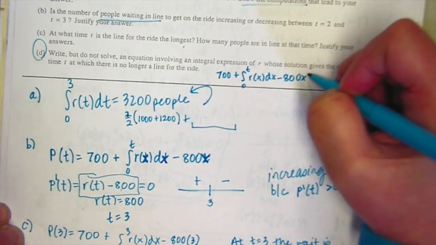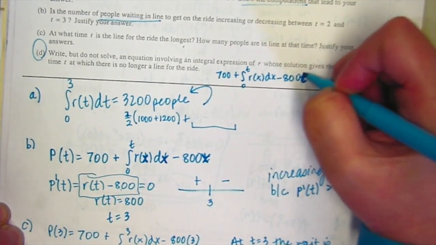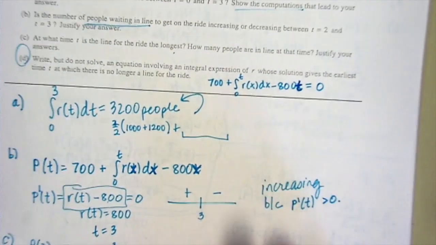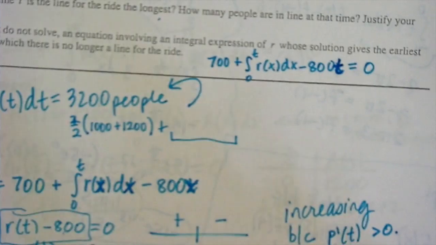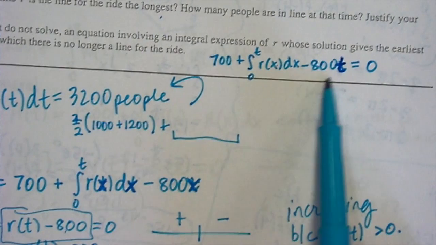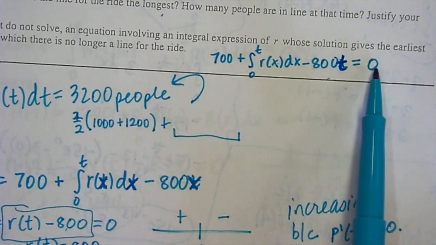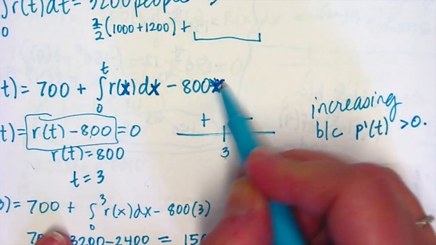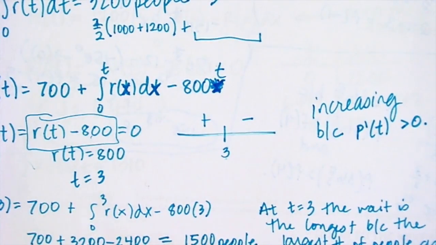Oh, this should be a t. Nice sloppy notation today. Is equal to 0. So it's kind of hard to see probably from way back here, but this is how many people are in line. I want that to be none, right? No longer a wait. Okay, so that's why I'm setting that equal to 0. I should be proper back here and make this a t as well. All right, okay.